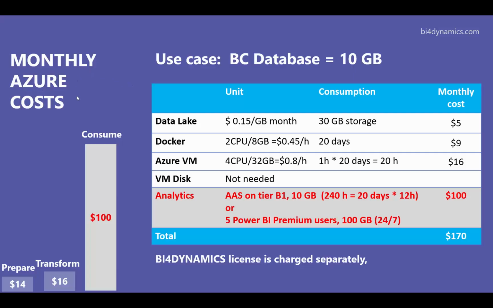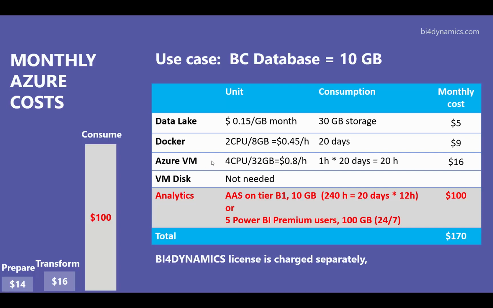These are monthly Azure costs for a BC database of about 10 gigabyte. So we will be reserving, say, about 20-30 gigabyte storage, or paying a share in the data storage monthly for about $5. We'll be running a container instance or Docker, which is kind of a virtual machine with 2 CPUs and 8 GB of memory that runs for about 45 cents per hour, and this is going to cost you $9 to $10.